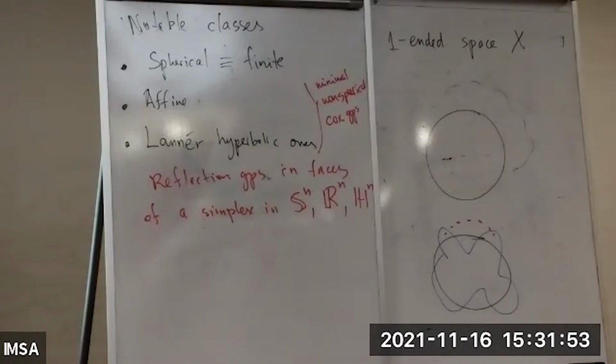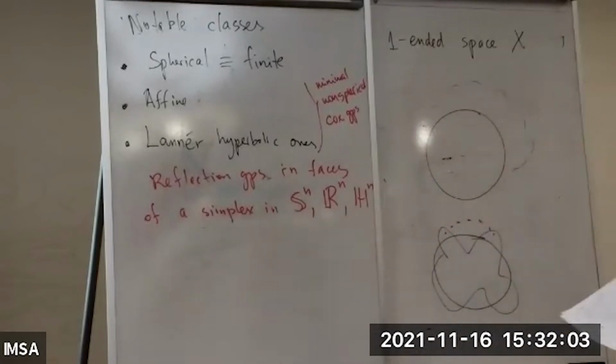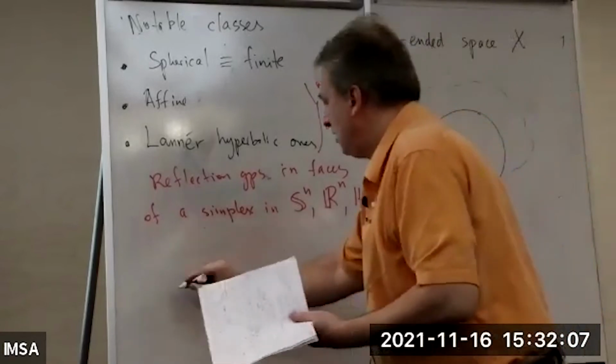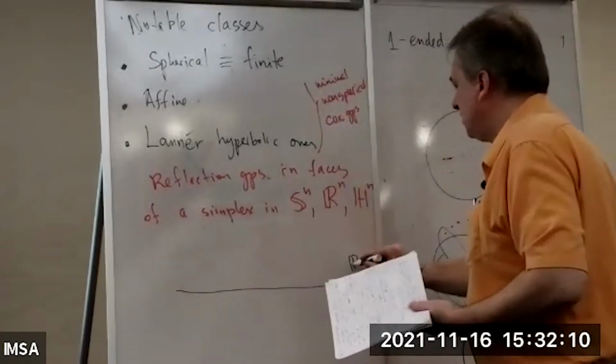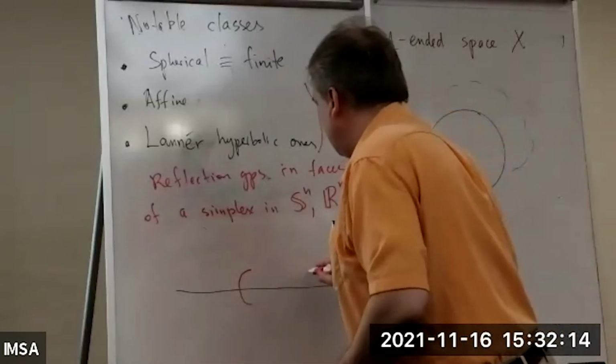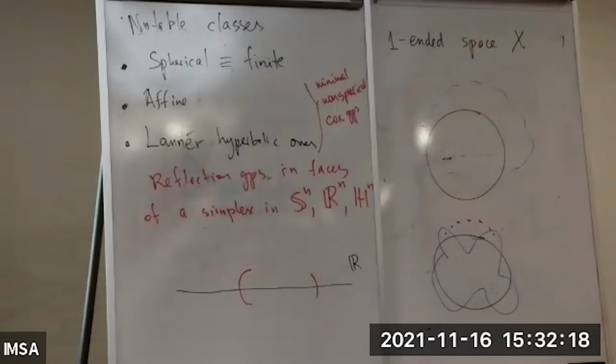It would be defined as infinity, but that is not a useful notion. So we need to restrict ourselves to spaces which are one-ended. For example, R is two-ended. Once we delete any compact set, we have two ends.